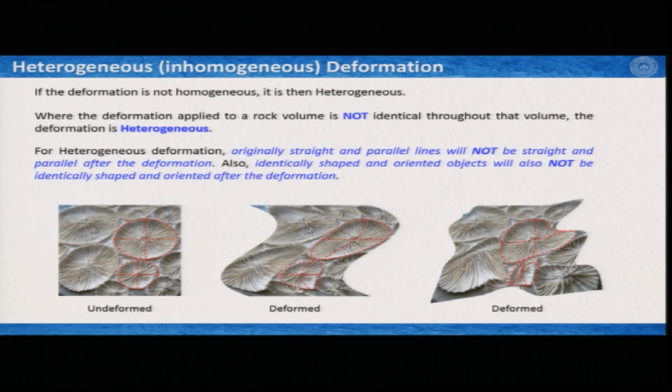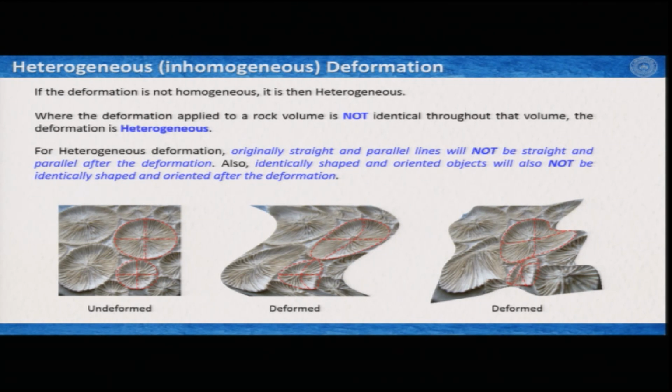And you can again say that for heterogeneous deformation, originally straight and parallel lines will not be straight and parallel after the deformation, and that is applicable for the shapes as well. So initially similarly shaped and oriented objects will also not be identically shaped and oriented after the deformation.